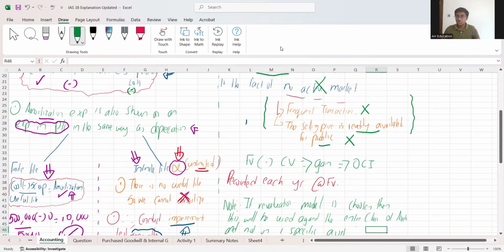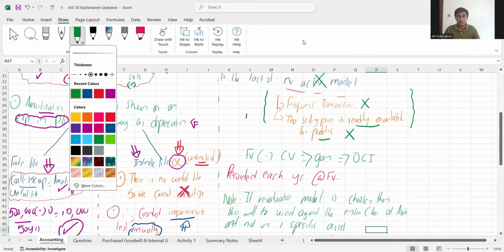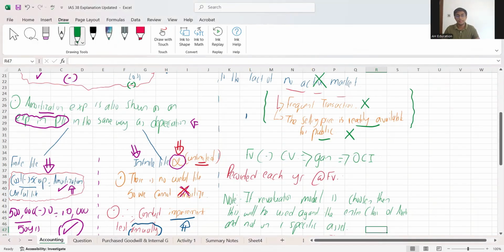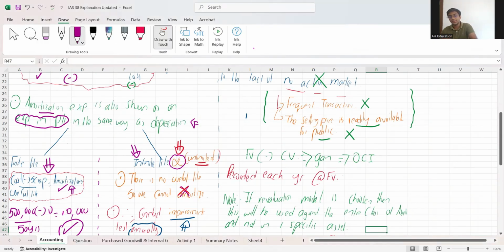Okay. So you all can ask, how do I do the accounting? It's quite simple. What you all need to do is, at each year end, check whether there is any difference between your fair value and your carrying value.